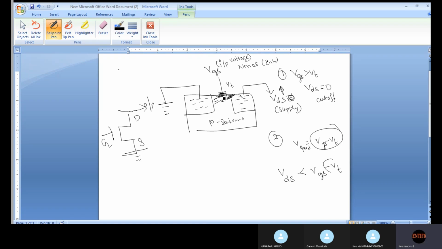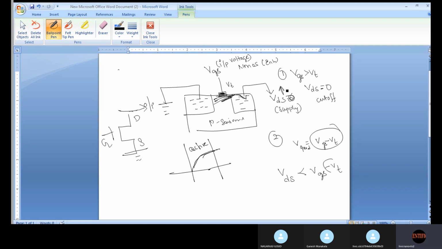There will be a conducting path, there will be conduction. The MOSFET will act as an amplifier. That means it will work in what is called the active region.